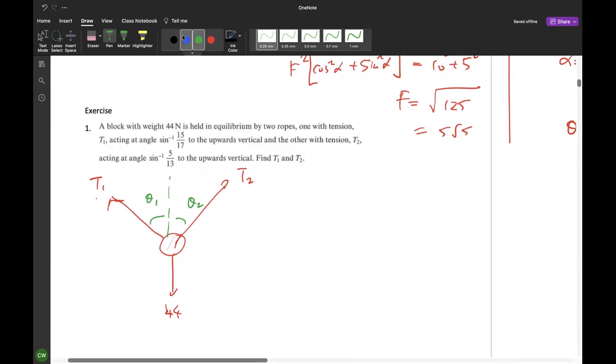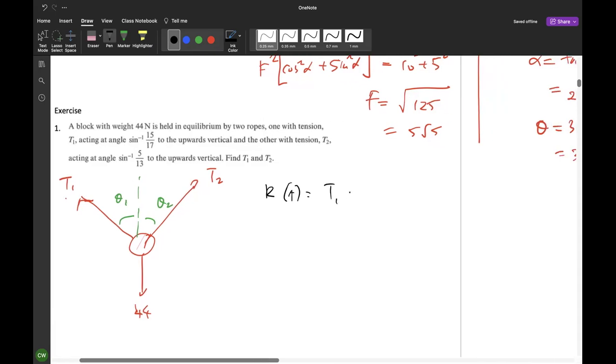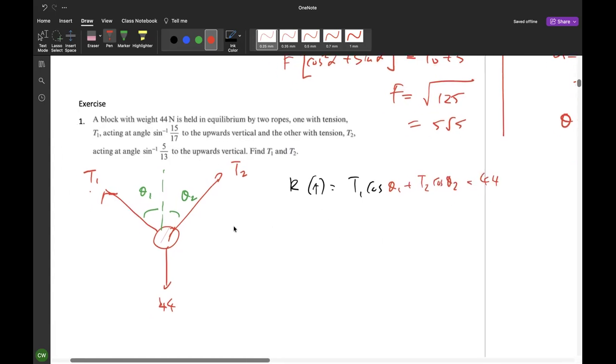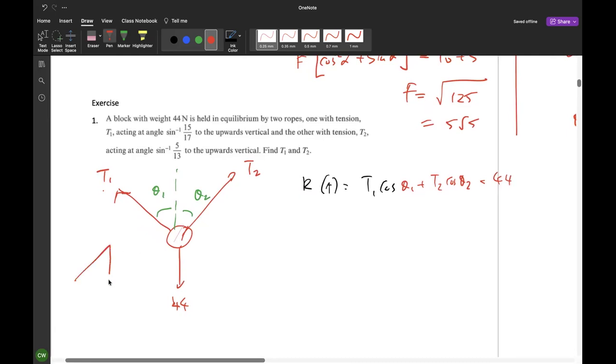We can resolve, actually not very easy, because when you resolve vertically, it becomes T1 cos theta 1 plus T2 cos theta 2 equal to 44. Theta 1, 15 over 17.